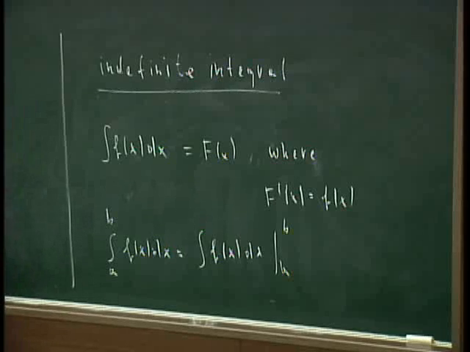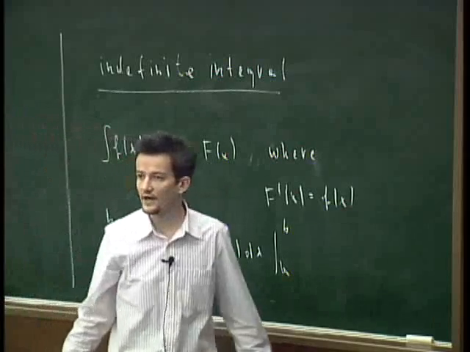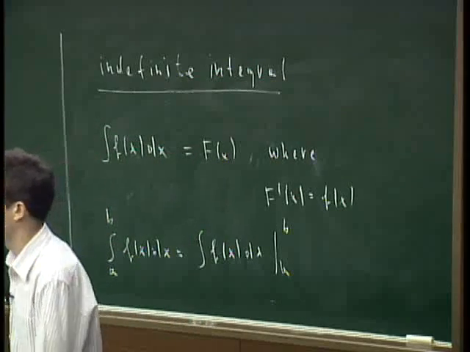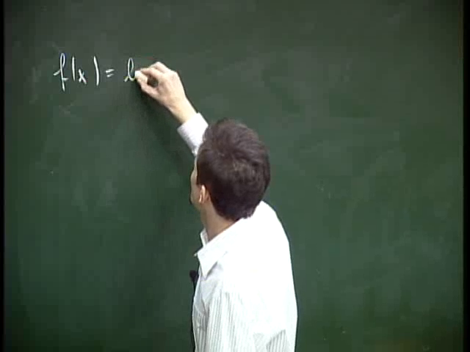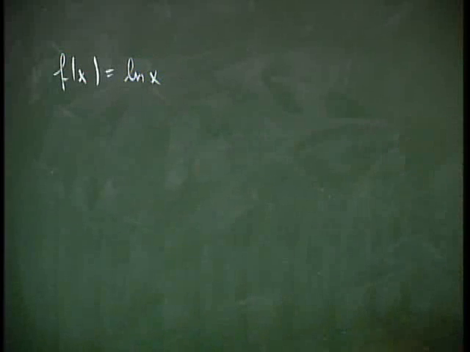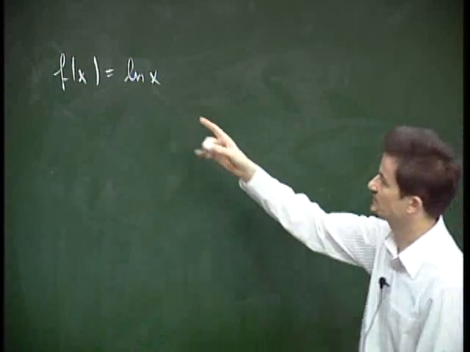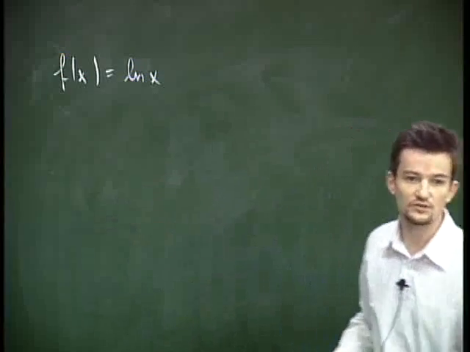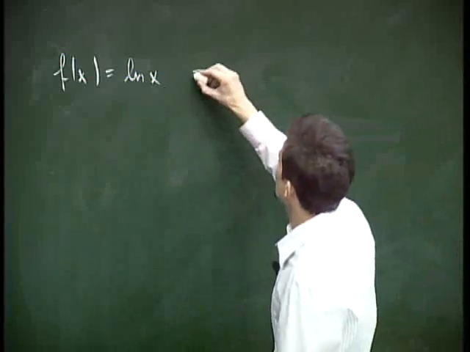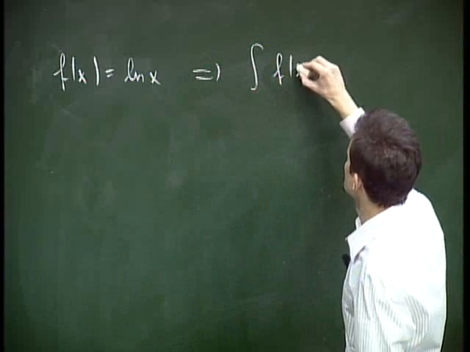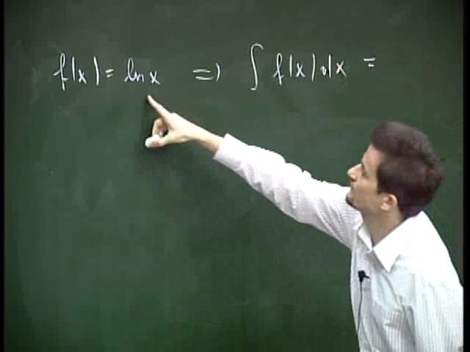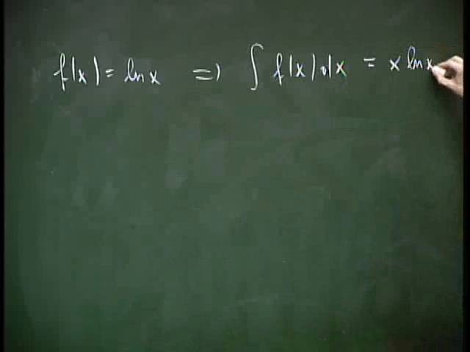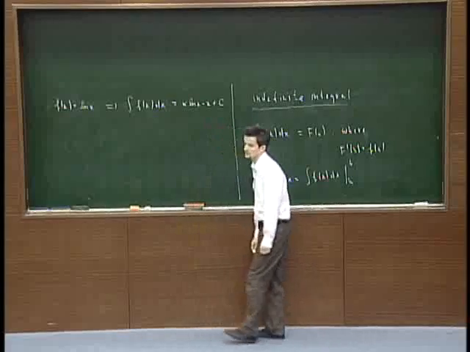Normally, most of the time, if we use this symbol, what we want to find are all antiderivatives. So for instance, if you have the function ln x, then we have seen that because the domain of this function is x larger than 0, all antiderivatives of this function are given by x ln x minus x plus c.